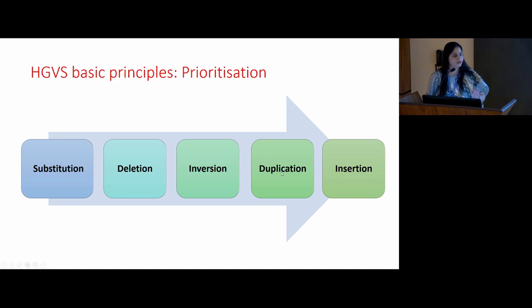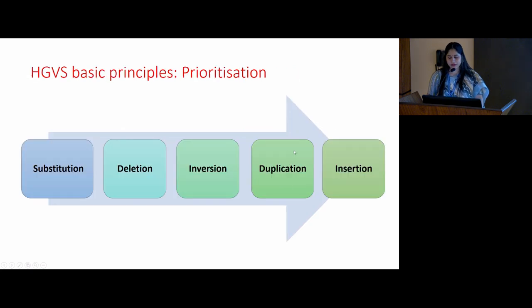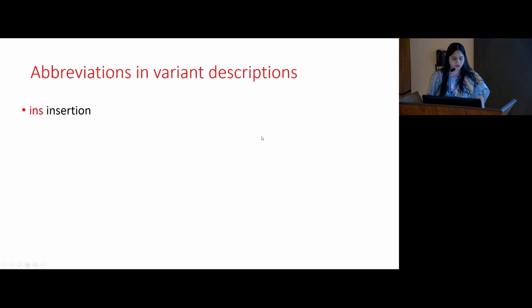That means in the previous example we could have called it insertion also, right? But if it is fitting with duplication, we will name it duplication and not insertion. So mainly the confusion comes between duplication and insertion only.